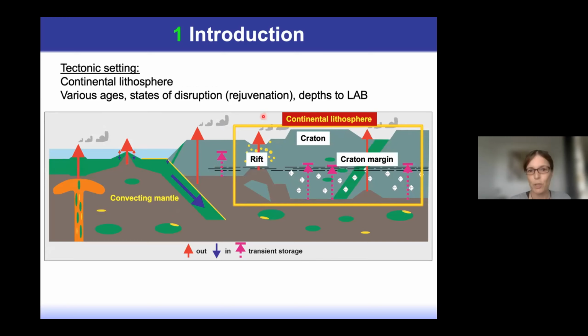continental lithosphere varies in terms of disruption. For example, we have proper cratons with intact roots, we have craton margins with thinner roots, and we also have rifts, which have in part also cut into cratons in the continents.